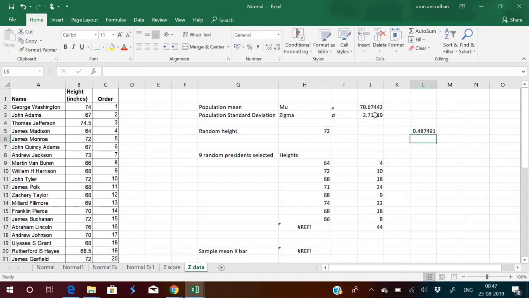Okay, you put here. Okay, so this is a z value. So it tells you this is 0.48 away from, so it is not even, it is lying between 70 and 72.71. Okay, so standard deviation is 72.71, so it is 72, so it is 0.48. Okay.